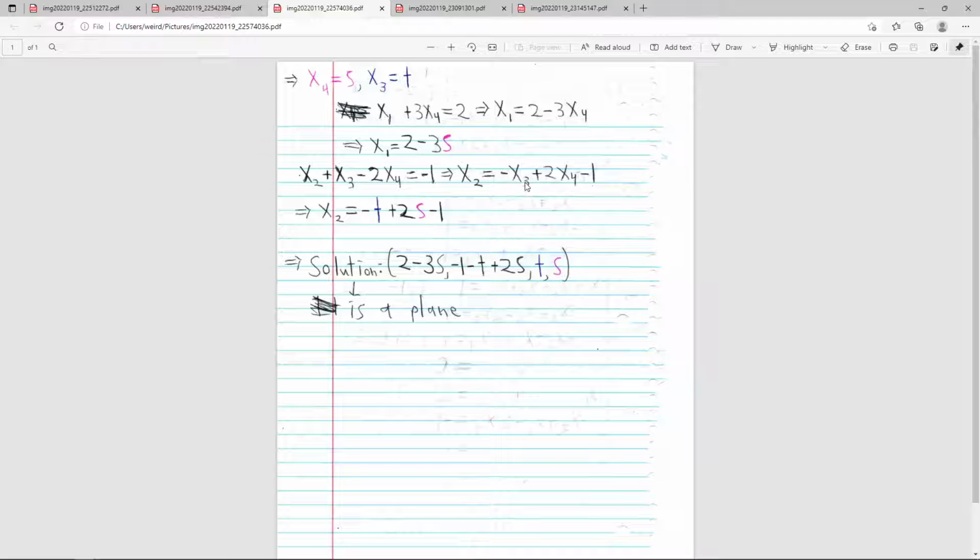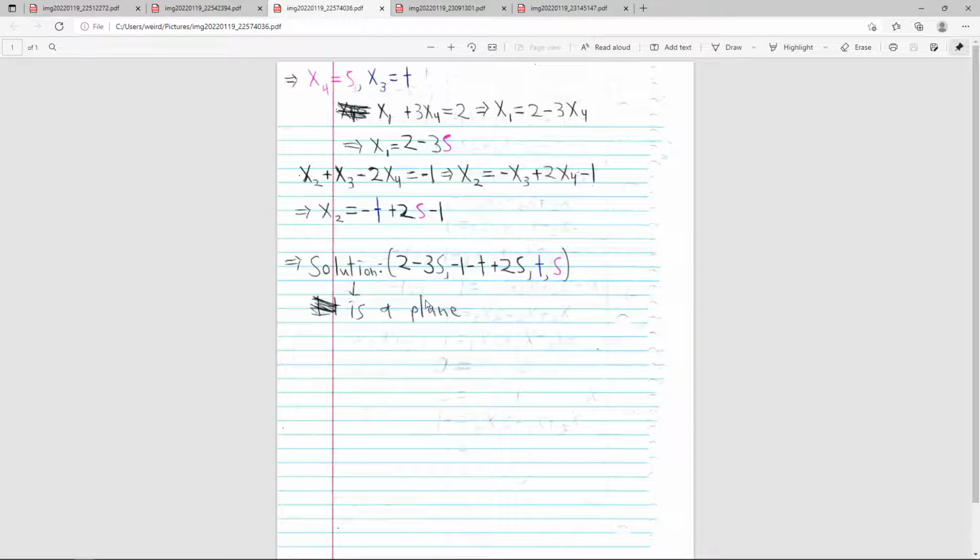That means x2 equals negative x3 plus 2x4 minus 1, and then we plug in values for x3 and x4, which is s and t. So negative t plus 2s minus 1, or however you arrange it. So the solution is 2 minus 3s, negative 1 minus t plus 2s, t and s.